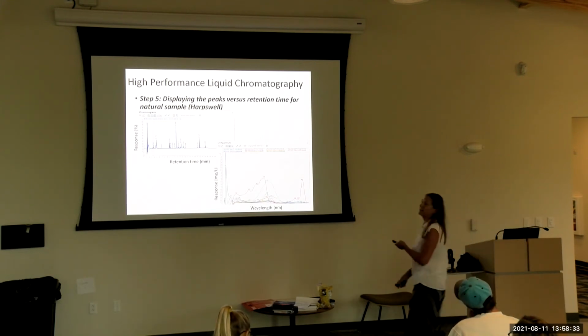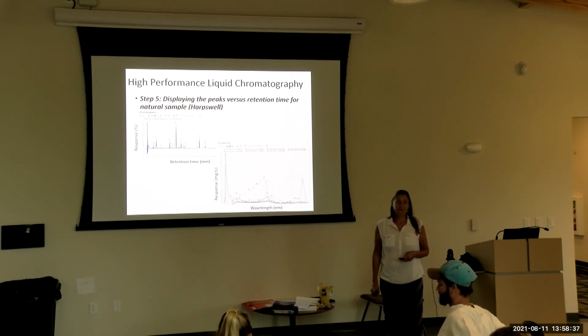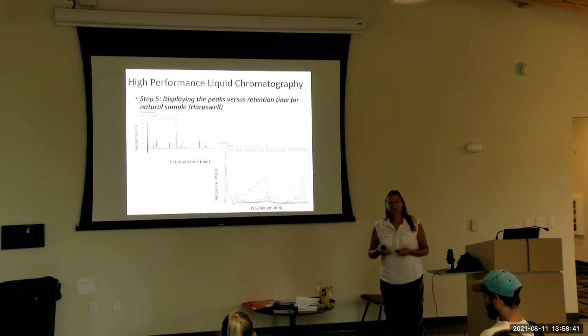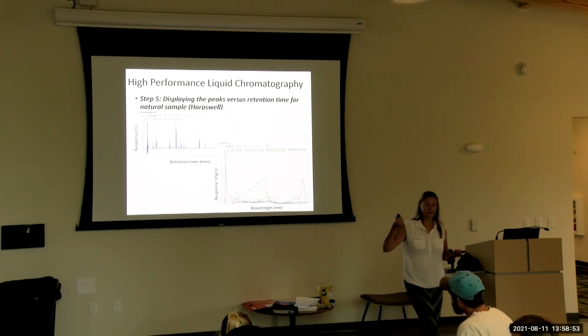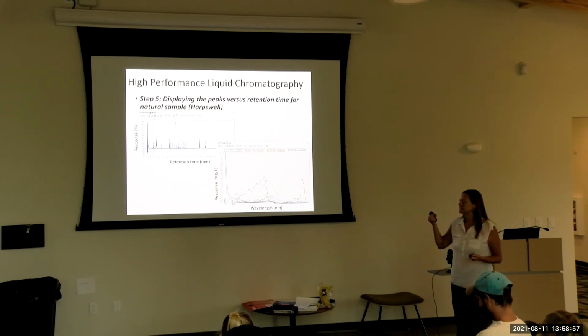Well, because they come out at different times. And so one of the things about this performance is that you are optimizing the gradients of the solvents going through the column so that you can separate molecules that look really similar, but have slightly different chemical bonding structures and slightly different polarity.